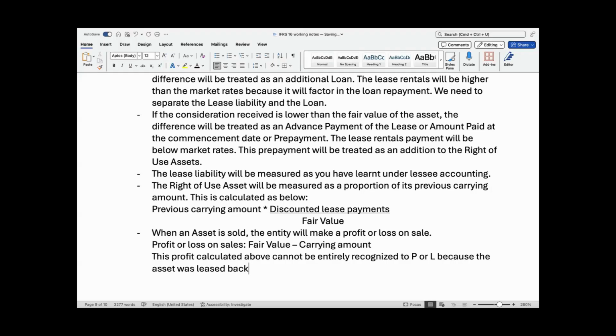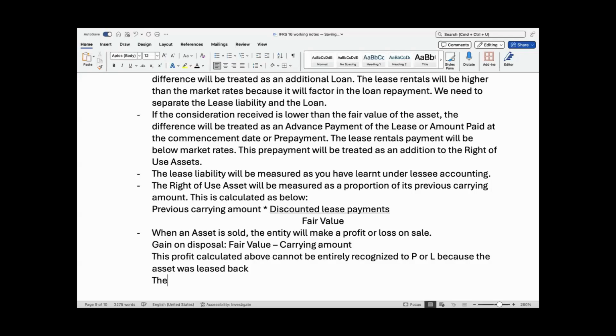So since the asset was leased back, then there is this profit on sale, or this gain on sale. Let me call it gain on sale or gain on disposal. It's better to call it gain on disposal. You cannot recognize everything as income in your P&L because you leased back the assets, because you are still using the assets.